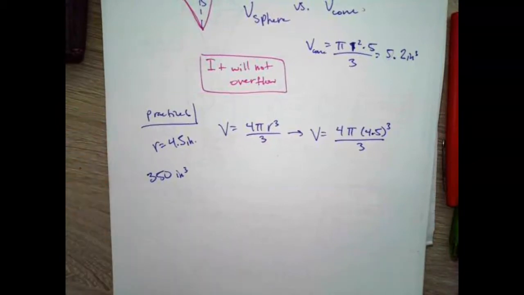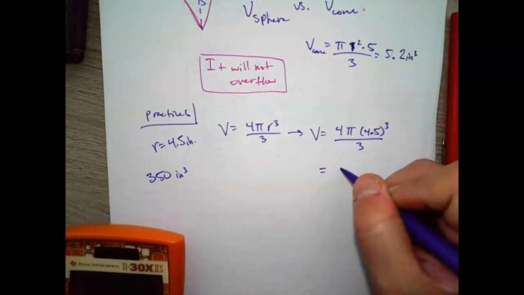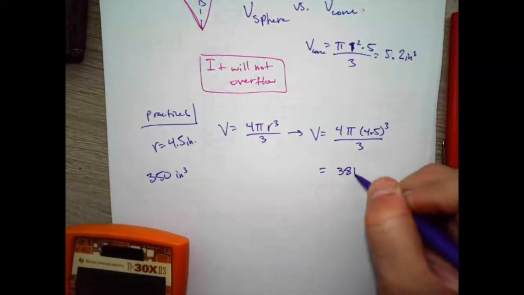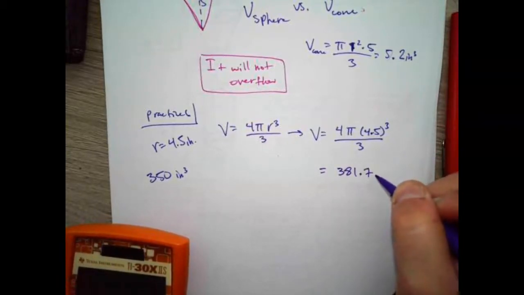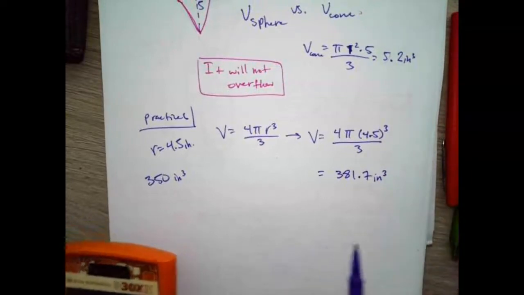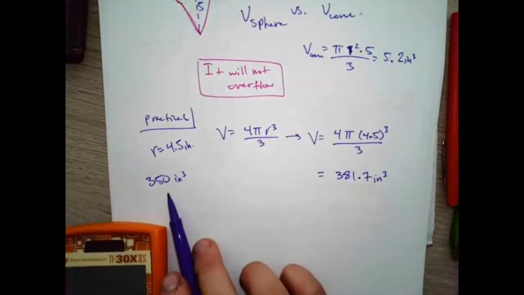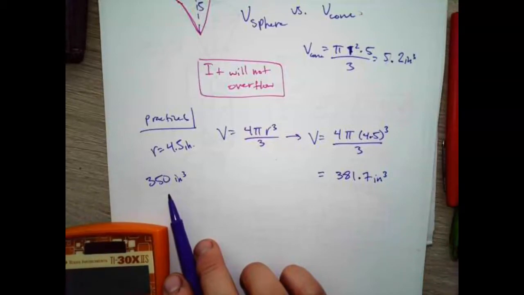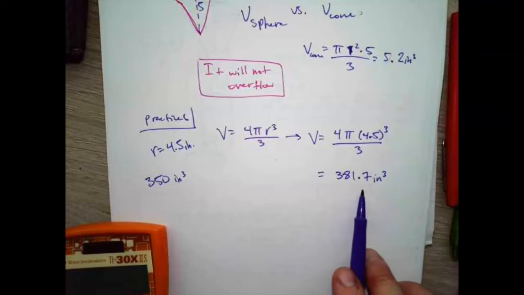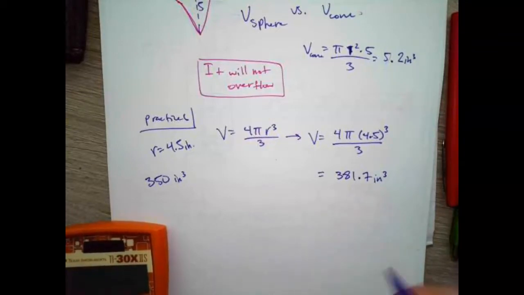So let's see. 4 times pi times 4.5 to the 3rd power, and then we'll divide that by 3, and I got the volume of the basketball is 381.7 cubic inches. So the volume of the ball, it's going to get filled with 350 cubic inches of air, so 350 is less, right? So aka it's not quite enough to fill it up.